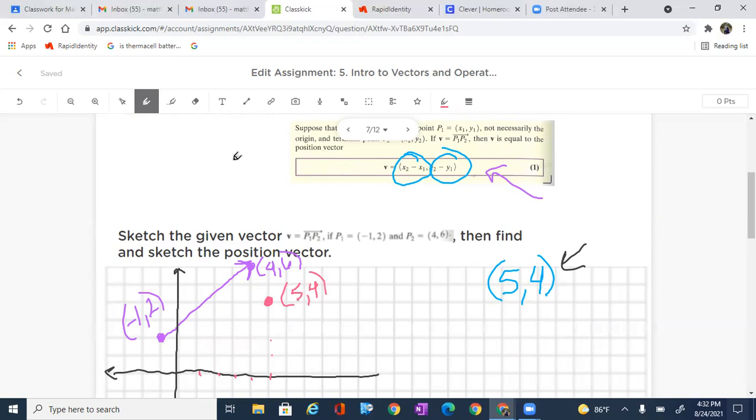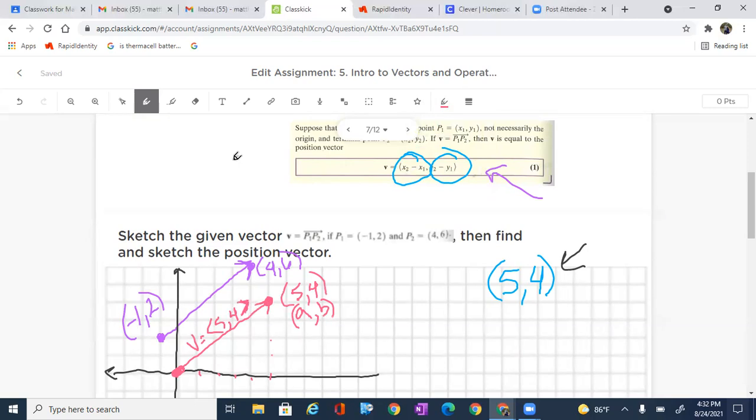So essentially this is your A. This is your B as a coordinate point. And what we are going to do is we're going to say that we are drawing from the origin out to 5, 4. And we'd say that V in this case is equal to 5, 4, a horizontal of 5 and a vertical of 4.